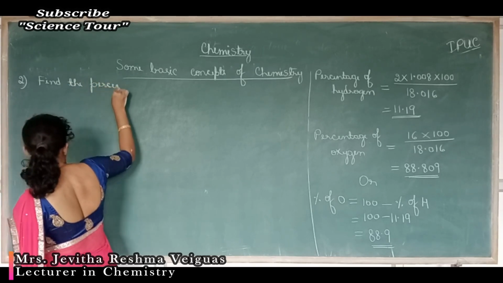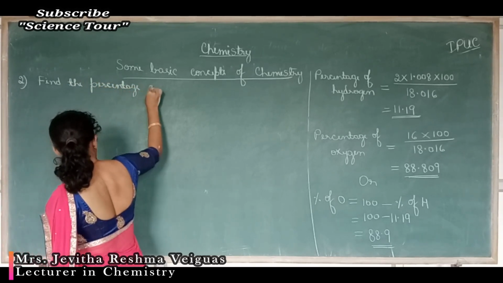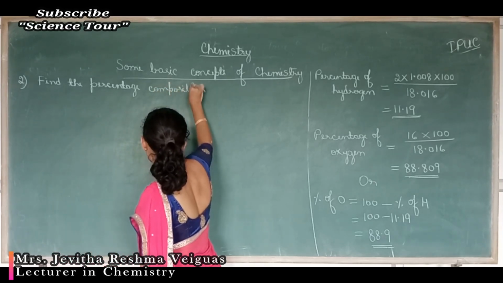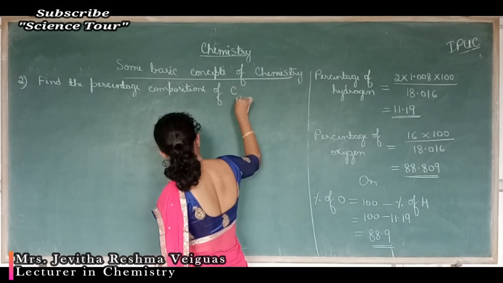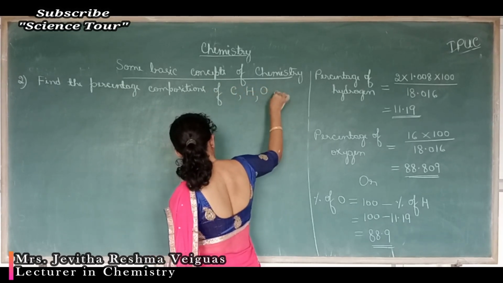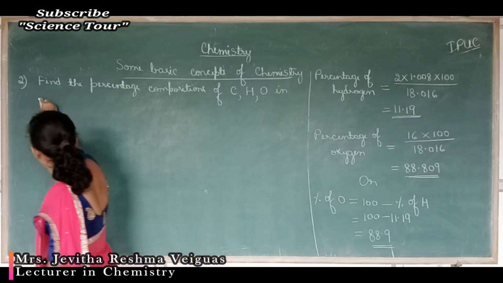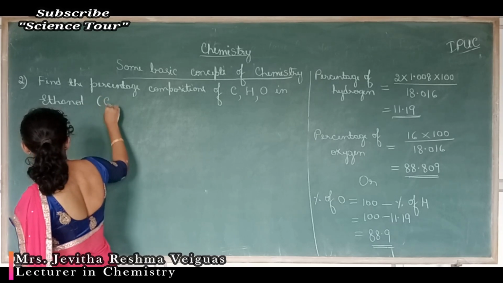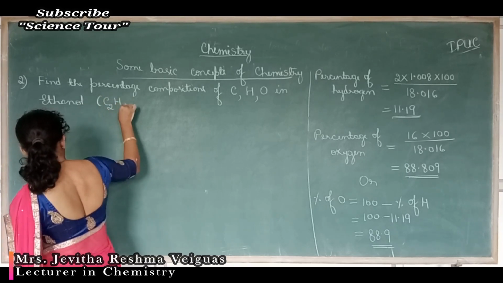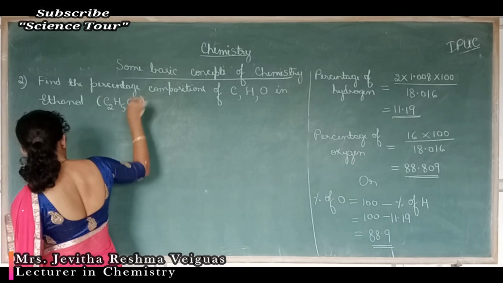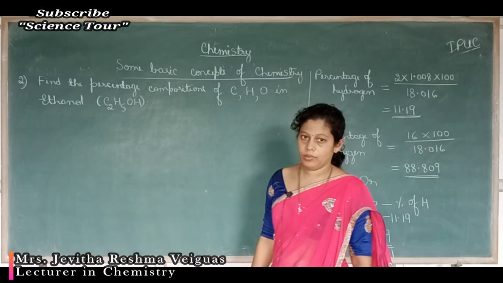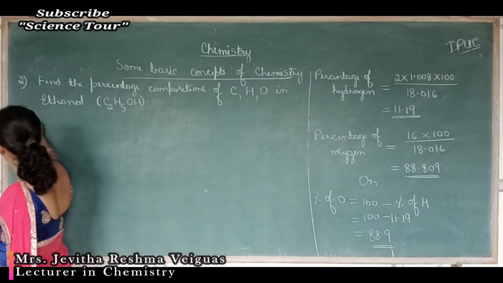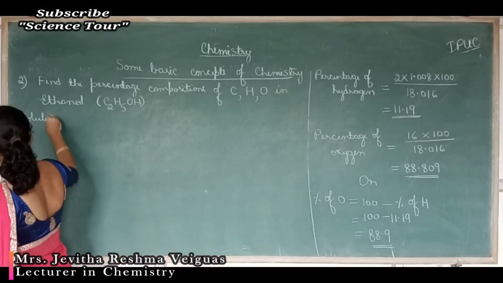What is ethanol? It has the molecular formula C2H5OH. To find the percentage, first find the molar mass of ethanol.